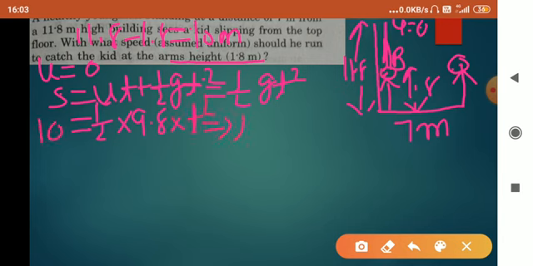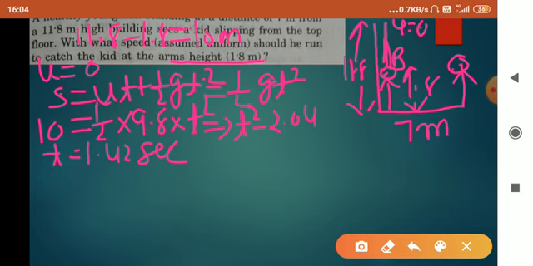On solving this, t square equals 2.04 and t equals 1.42 second. Okay, this is the time for the kid to reach point B.